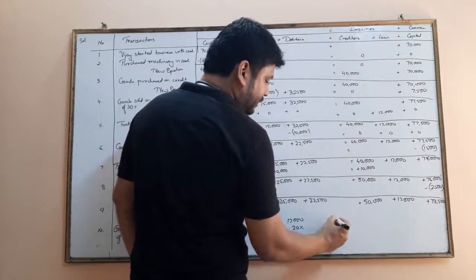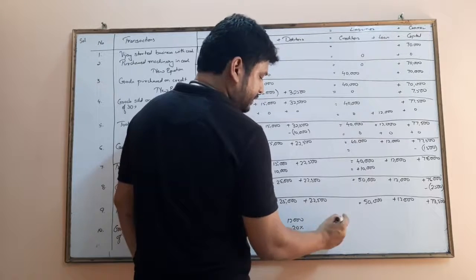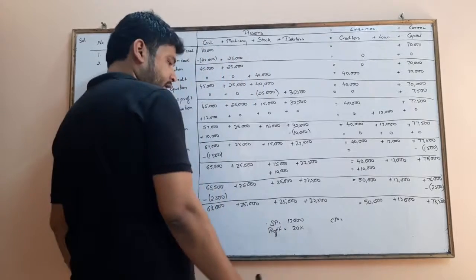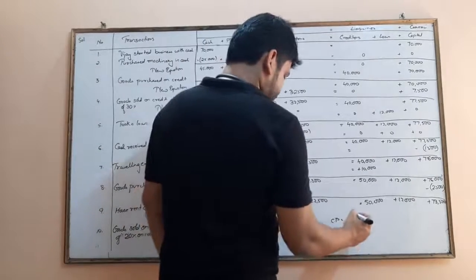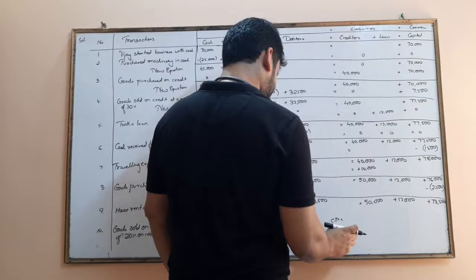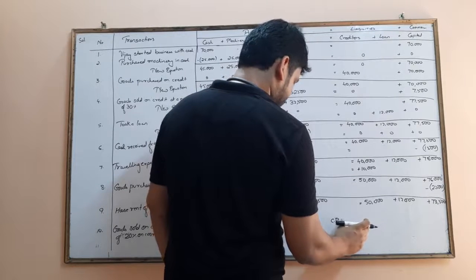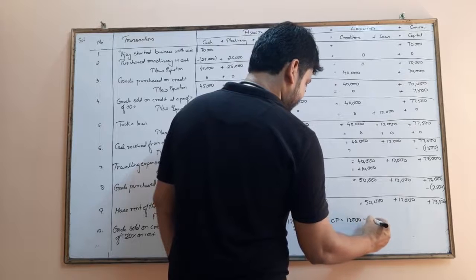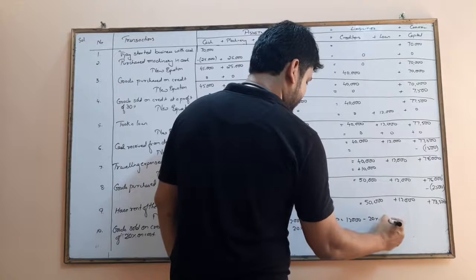सबसे पहले फाइंड आउट करूंगा प्रॉफिट कितना होगा. तो कॉस्ट प्राइस क्या होगा? तो कॉस्ट प्राइस विल बी selling price 12,000 minus 20% of cost price.